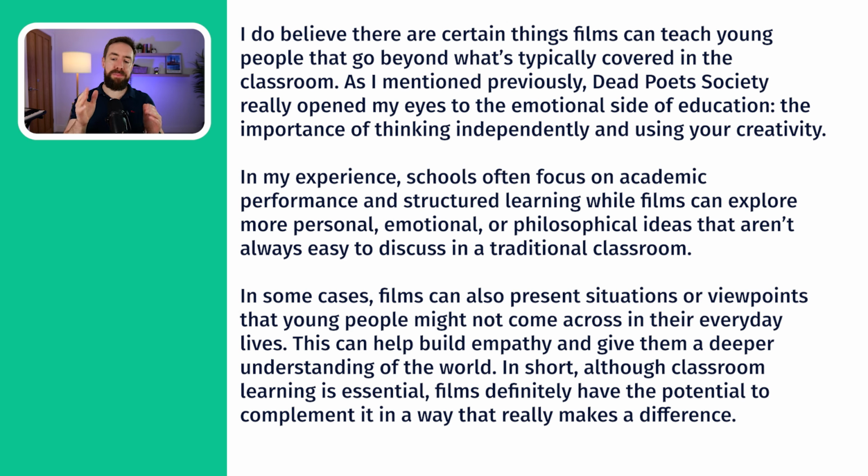Let's take a look at the part where it says more personal, emotional, or philosophical reasons. Now, this is what's called a rule of 3, and it's a really good trick that you can use in English writing. You say one thing, a second thing, and a third thing, or one thing, a second thing, or a third thing.